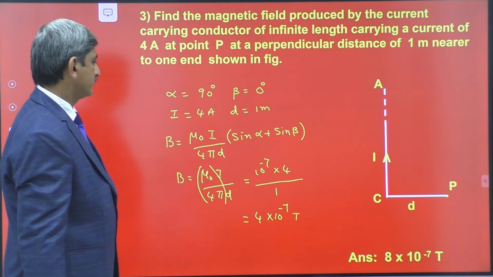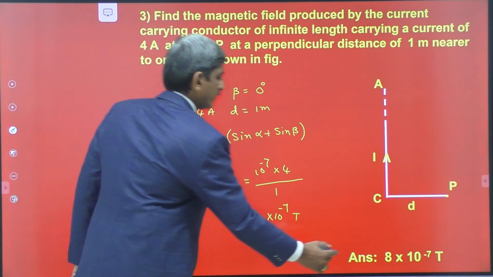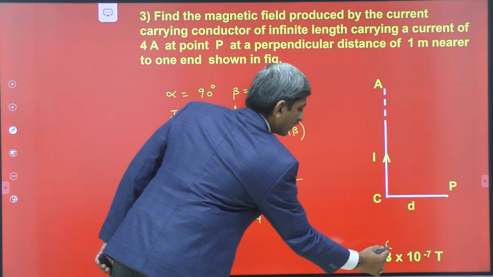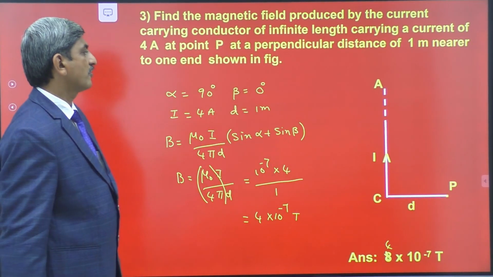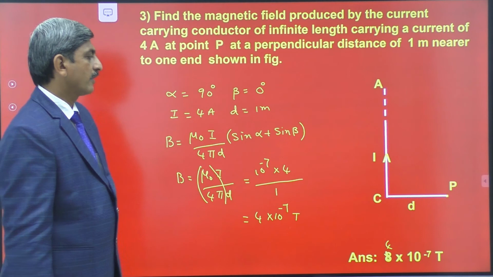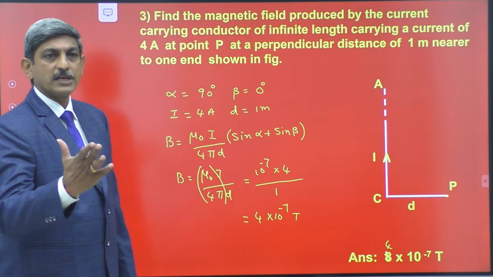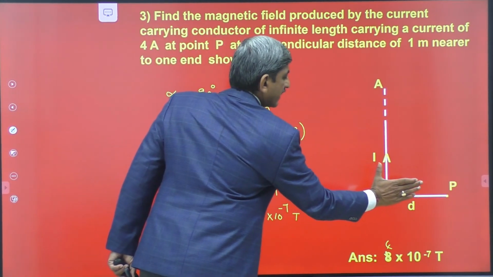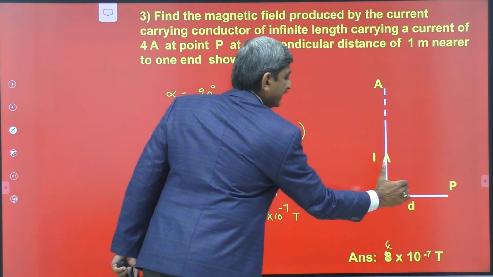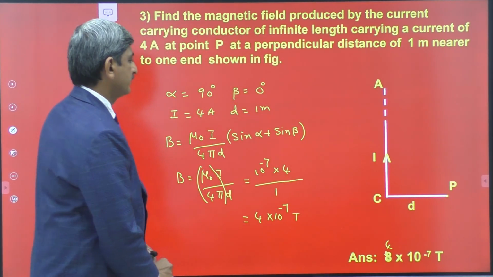Okay? Four into 10 to the power of minus 7 Tesla. Here also, using the right hand rule, the direction of the magnetic field acts inwards, right?